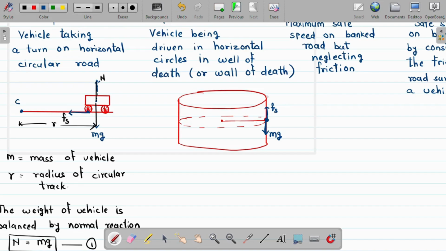Also, we know this is the curved road surface along which the motorcyclist is driving his bike. As we know, the normal reaction is exerted on the biker by that road surface. So this horizontal arrow represents the normal reaction experienced by that motorcyclist.